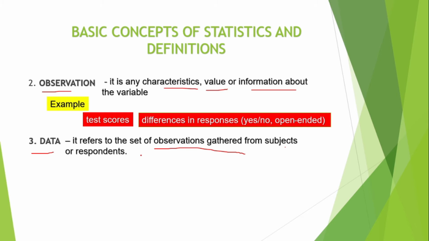For example, we need to gather the age of the first year students in Sorsogon College of Criminology. So, ano ba yung mga age ng first year? Then, my respondents are all the first year in SCCI. So, yun yung ibig sabihin ng data.